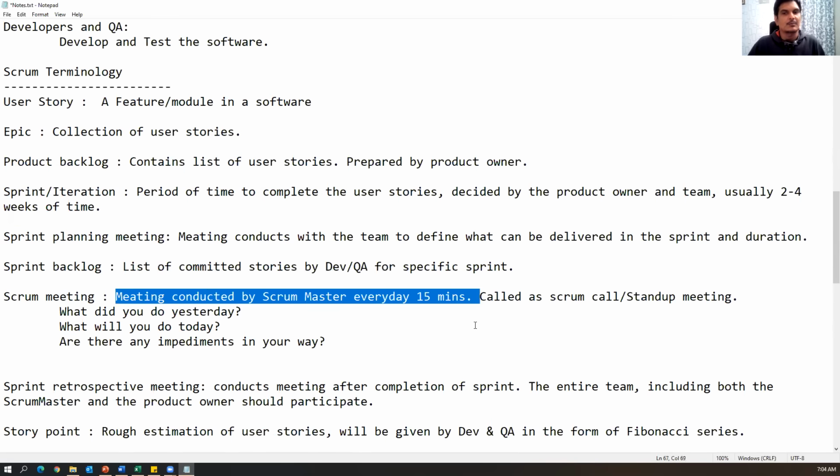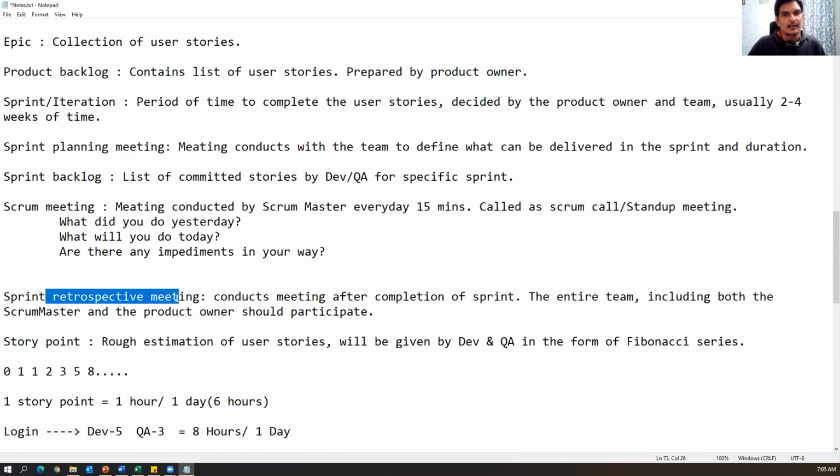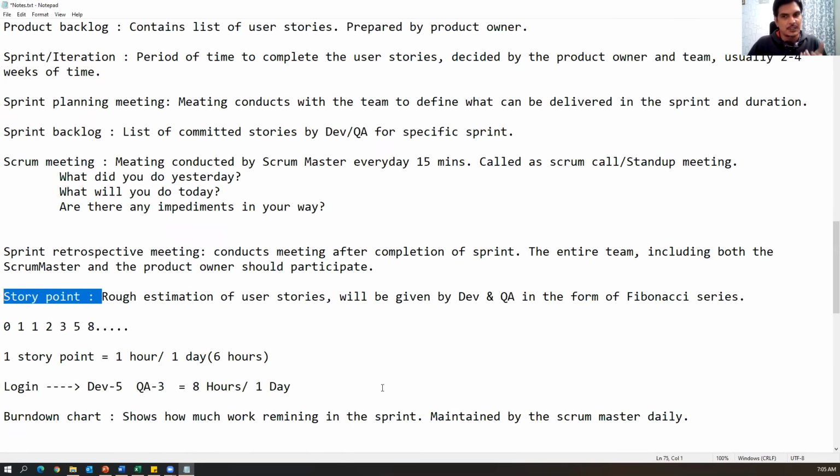Scrum meeting will be conducted by the Scrum Master along with the team for 15 minutes every day, where they will discuss the status of the project. Sprint retrospective meeting will be conducted only one time after completion of the sprint, to check what went well, what went wrong, and what improvements are needed for the next sprint. Everybody in the team will participate in the retrospective meeting. Story point is a rough estimation of the user stories. We have to tell how much effort you have to put in, how much time is required to develop and test the story, and accordingly we will estimate the story.